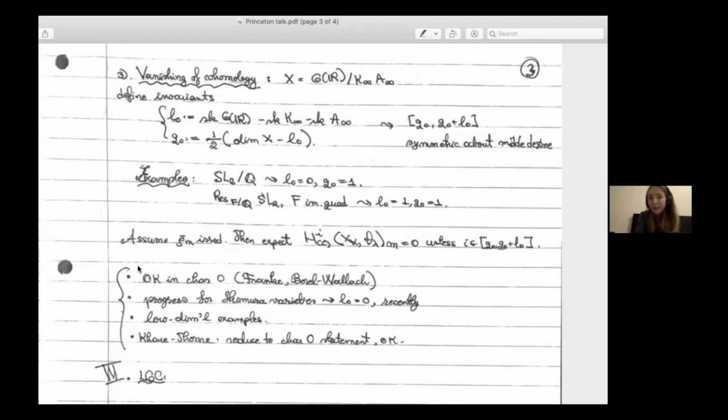So this result that I said is okay. Right, so in general, we would want to know this kind of vanishing with integral coefficients. But for some applications, for instance, for these applications to potential modularity, it's enough to know the vanishing after inverting p.